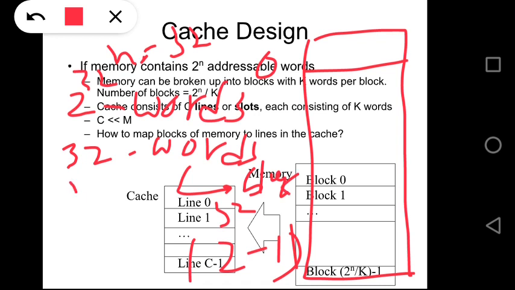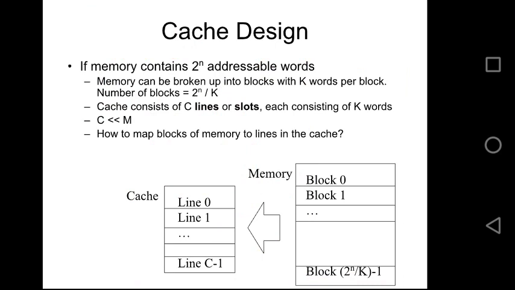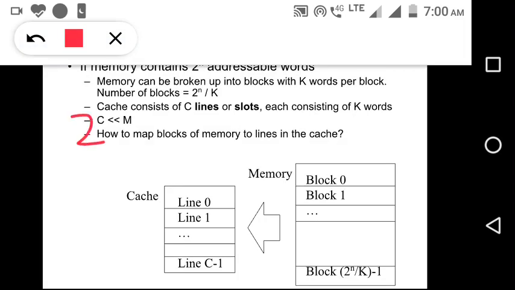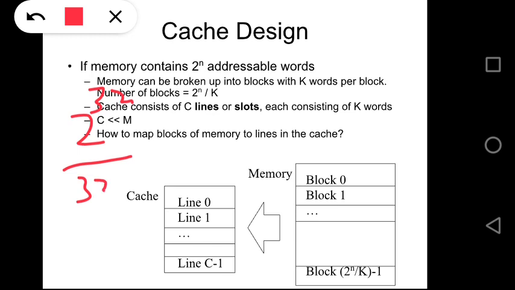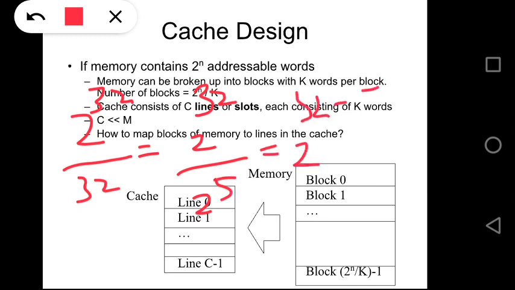So k is 32, n is 32. How many blocks would be there? Total number of words are 2 power 32, group 32 words to one block, so 2 power 32 by 32. How much will it be? 2 power 32 by 32 means I can write 2 power 5. So 2 power 32 minus 5, that is 2 power 27 blocks. I think it is very big.